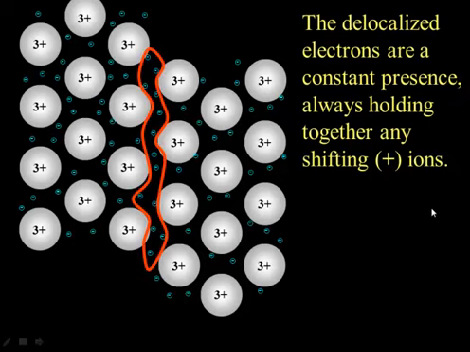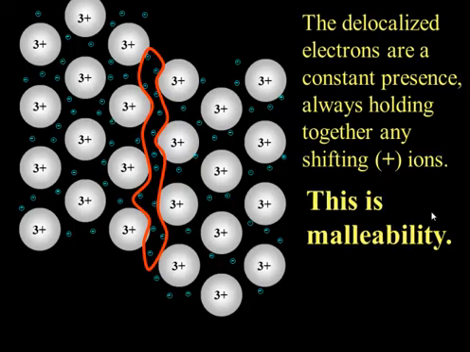So they're always holding together any shifting cations. And you can see here, those electrons are free to move around, very agile. This is the reason why metals are malleable: the free valence electrons can move freely around to mitigate any movement of the metallic cations.